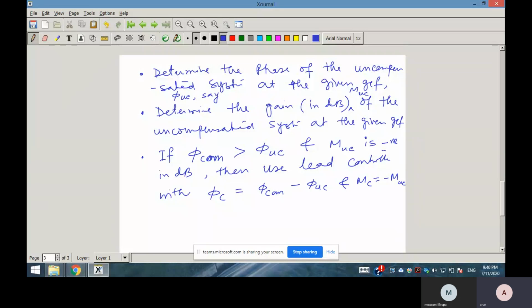Now you see carefully. A lead controller is needed when the uncompensated system suffers from lack of phase margin.